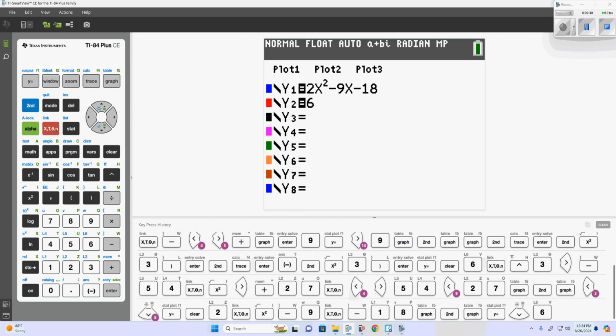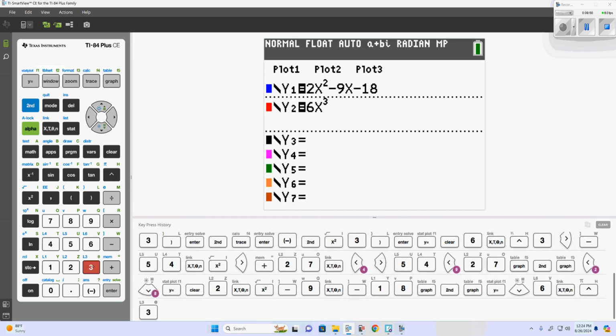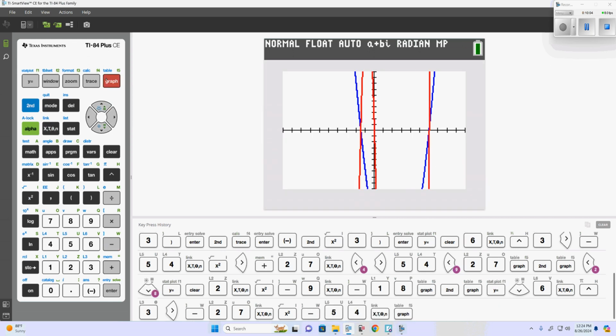Trying to figure out 6x cubed minus 27x squared minus 54x. Yep, okay, there we go.